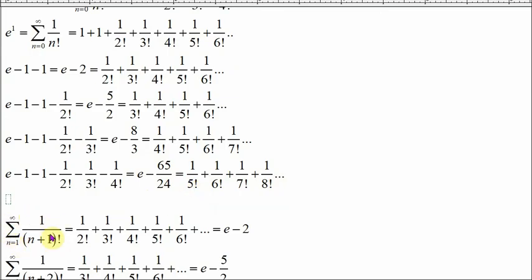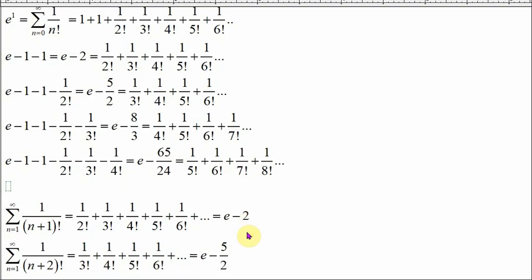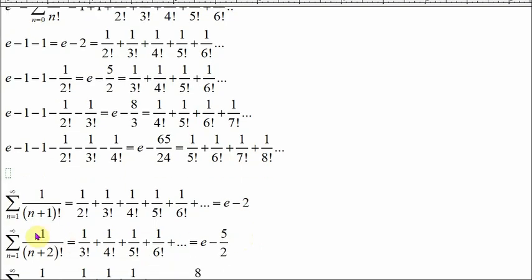Therefore, the series with 1 over n plus 1 factorial, which starts with 1 over 2 factorial, is equal to e minus 2. The series with 1 over n plus 2 factorial is the series that starts with 1 over 3 factorial, which is this sum right here.